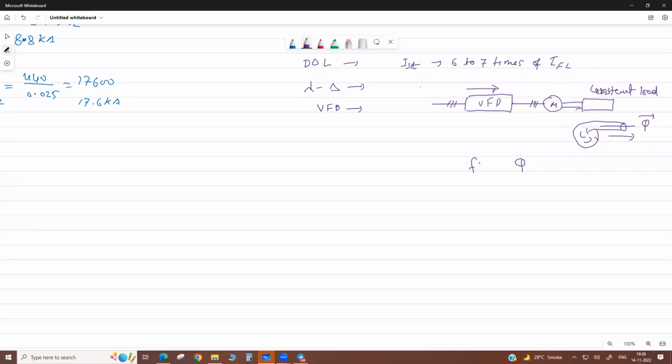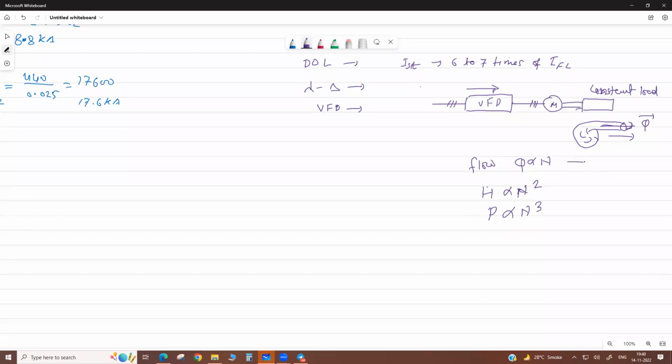Q is the flow. It is directly proportional to speed. If we reduce the speed with VFD, then we reduce the flow. If we reduce the flow, then the pressure head, the discharge pressure of the pump or fan, is also reduced by N squared. Then the power drawn by the motor is proportional to the cube of speed.